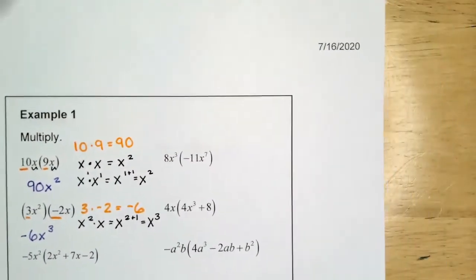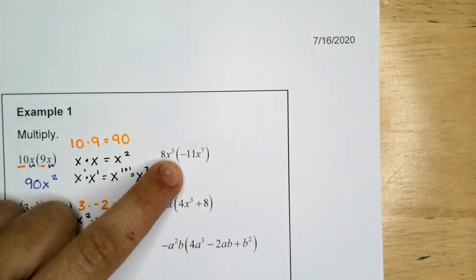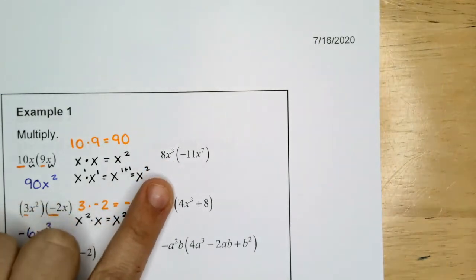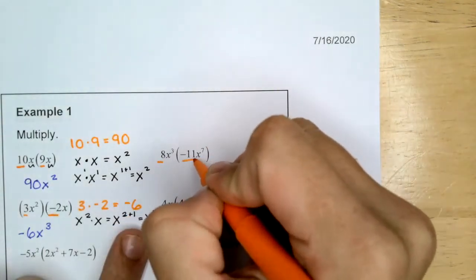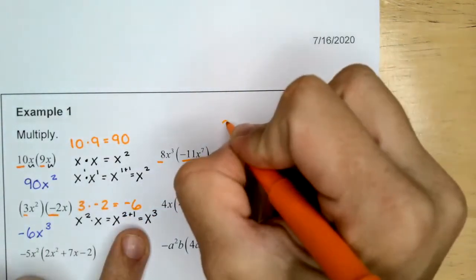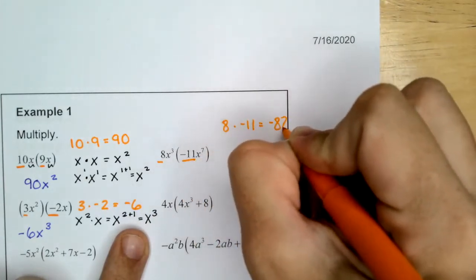Let's do this one. 8x to the third times -11x to the 7th. 8 and -11 become -88.